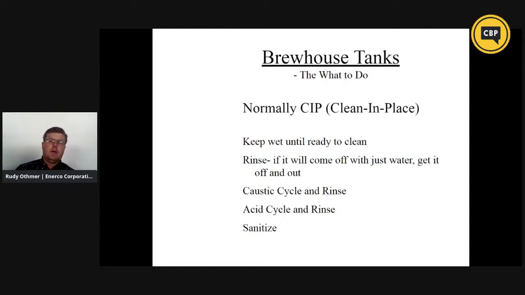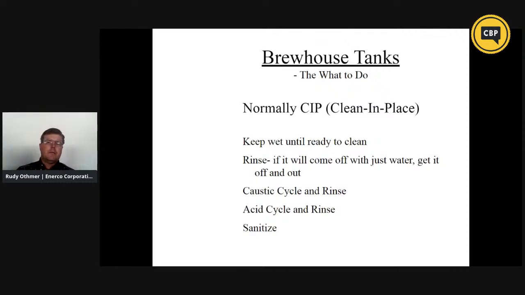Here we've got the capability of running above our 140 degrees, so we'd like to do that at 170, 180 degrees, because it speeds the process and does a more thorough job. And then an acid cycle, followed by, again, the rinse and then sanitize.